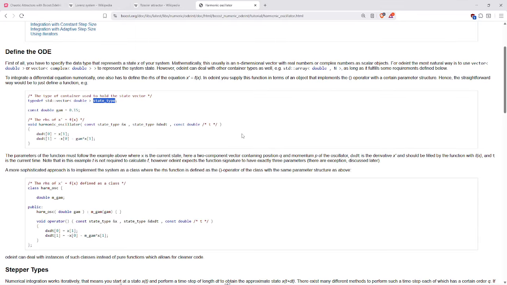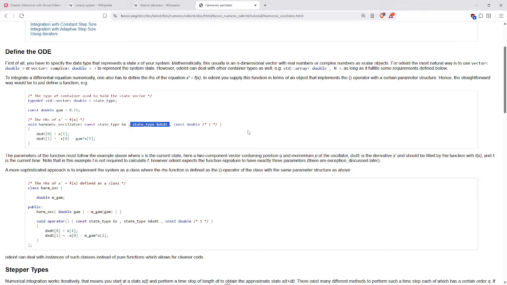Now, typically, you will supply to the library either a class with a function call operator or a plain old function that accepts the current state of the system, which does not change. That's why this x variable here is taken by const reference.